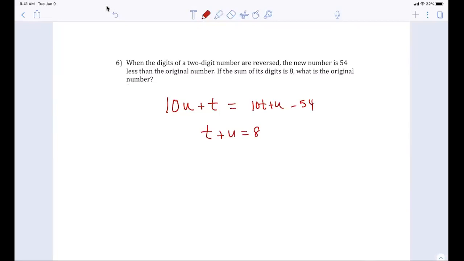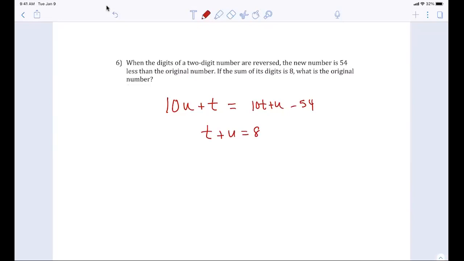Yeah, it's correct, but I just see 54 less than. I don't know why you're thinking plus 54. I'm just saying, literally it says less than. Less than is subtraction.